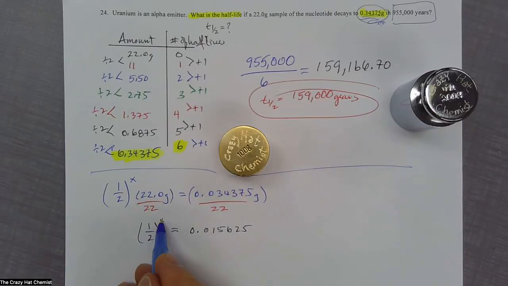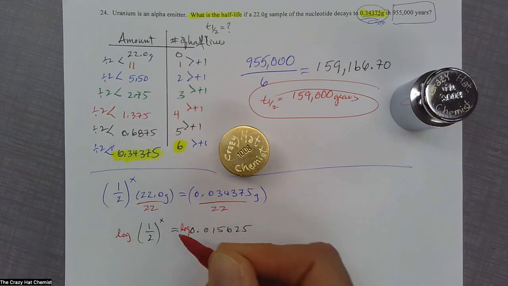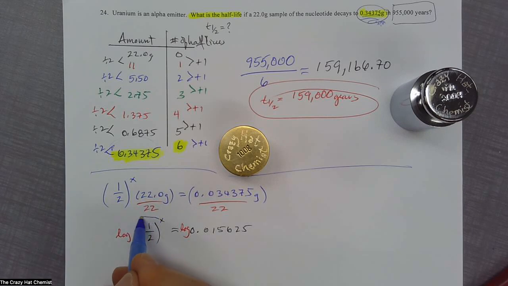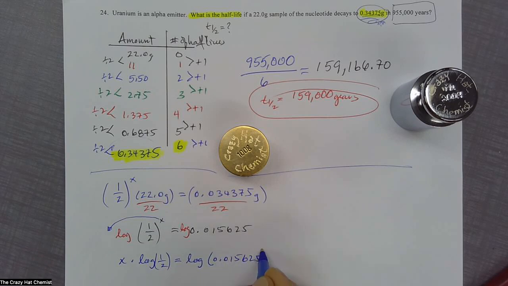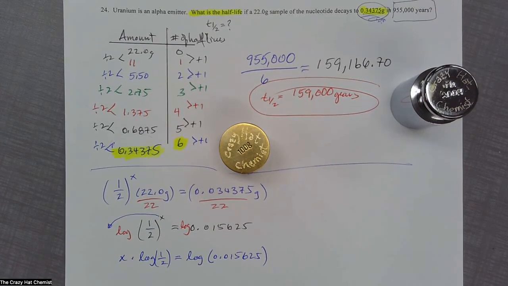Now what we need to do, we need to pull this x out in the front. In order to do that, we're going to take log of base 10 of both sides. That will enable us to pull out this x term. So now it's x times log of 1/2 equals log of 0.015625.